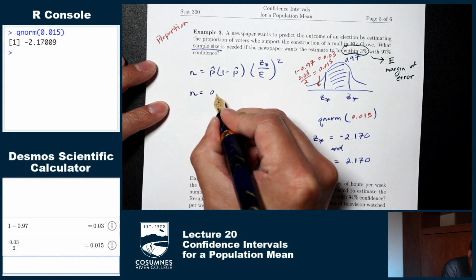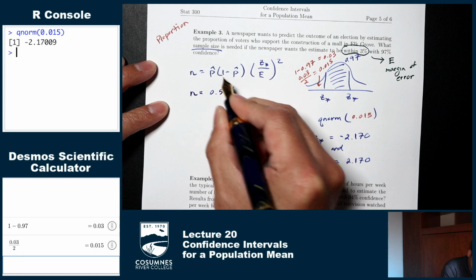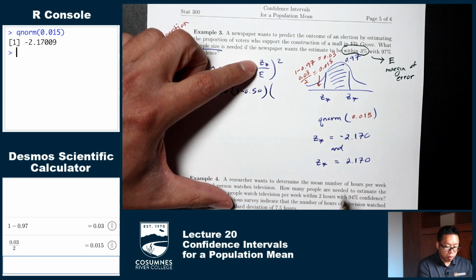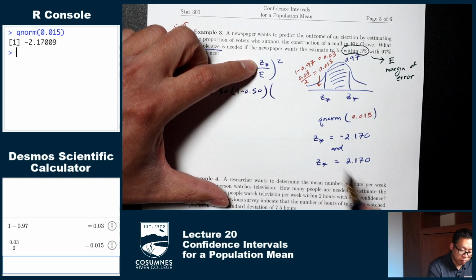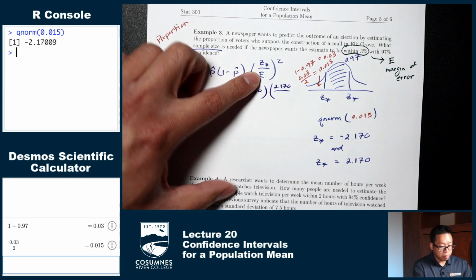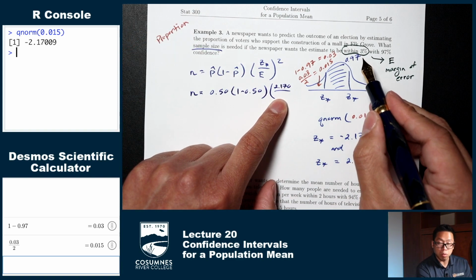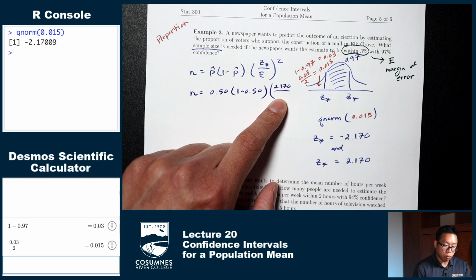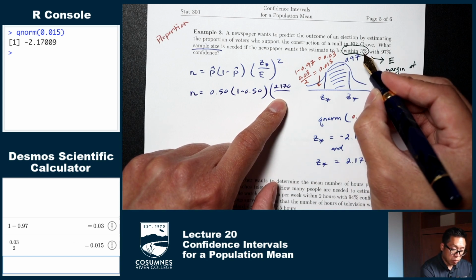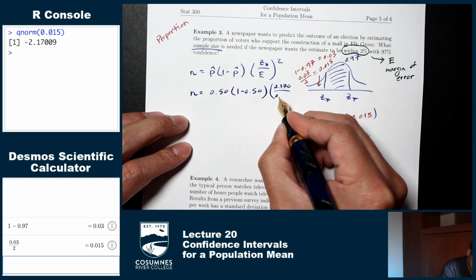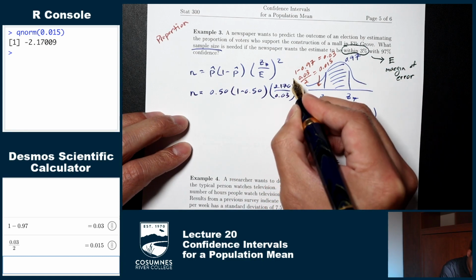So we're going to use 0.50 for P hat, 1 minus 0.50. Z star, we said we're going to use 2.170. E is the margin of error, which is this 3%, but always convert to decimals. So 3% as a decimal, move 2 to the left, would be 0.03. And then don't forget the square.